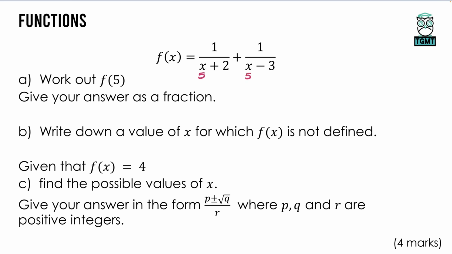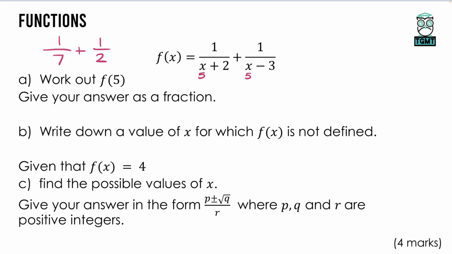So if we actually sub that in, we have 1 over 5 plus 2, which is 7, plus 1 over 5 take away 3, which is 2. So we have 1 over 7 plus 1 over 2. We just need to make sure that we make a common denominator here.